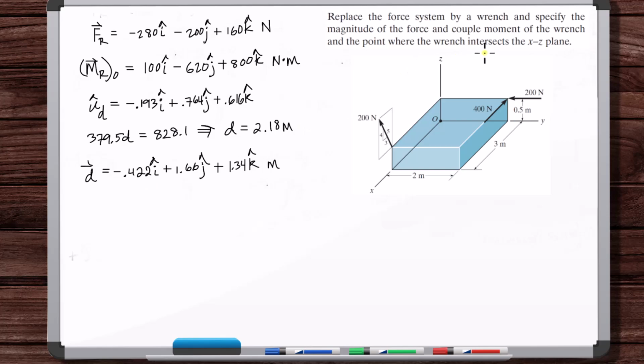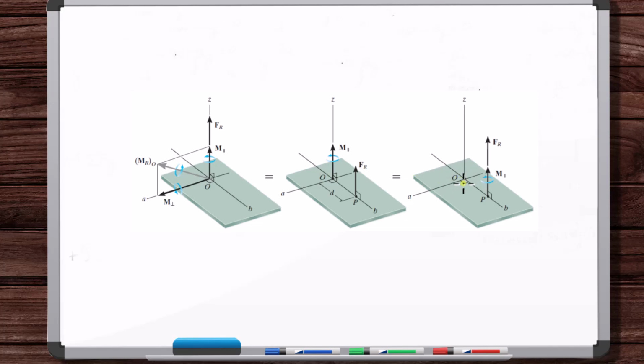But we're not done because we have to answer this specific question that we're being asked, which takes a little more work. But we've gotten to this point. We know point P, and we know these two vectors, not just their magnitude but also their direction. But we're not done.